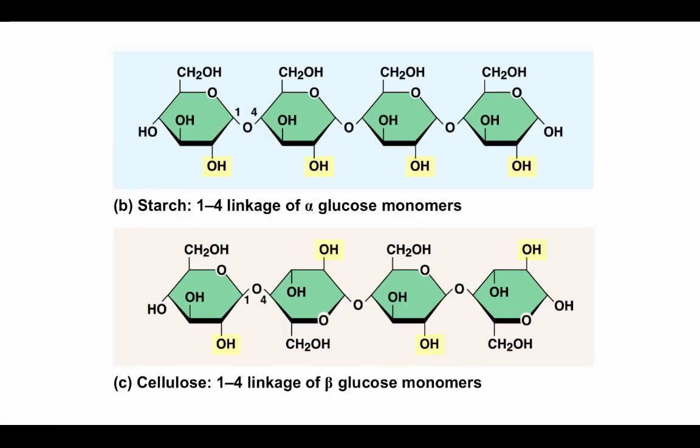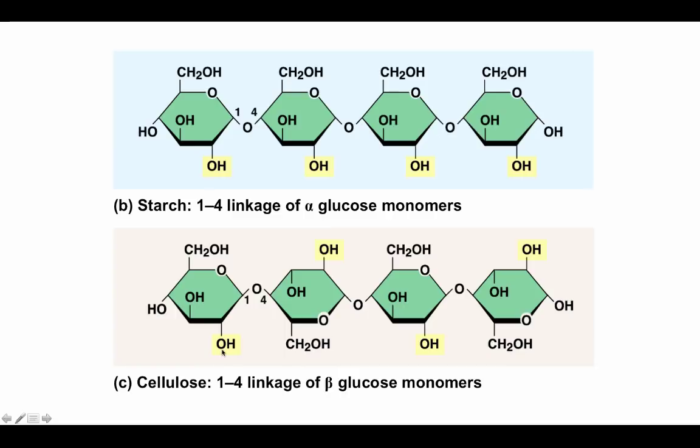So more specifically, in the case of starch and cellulose, what we see with these alpha glycosidic linkages is the hydroxyl groups are all on the same side of the plane created by these carbon rings. And in the case of cellulose, they're flipped on every other carbon ring.